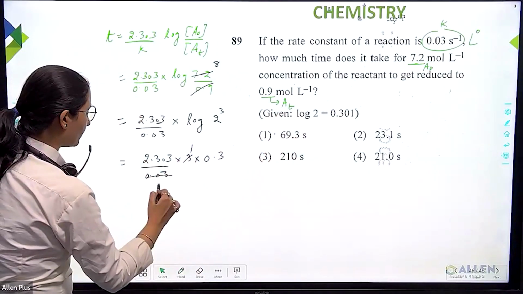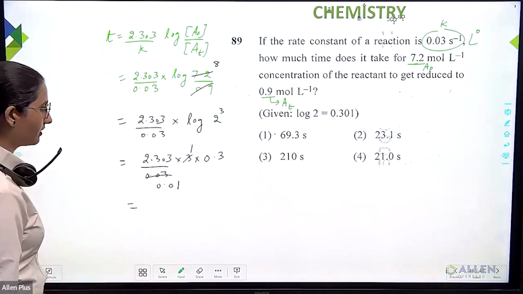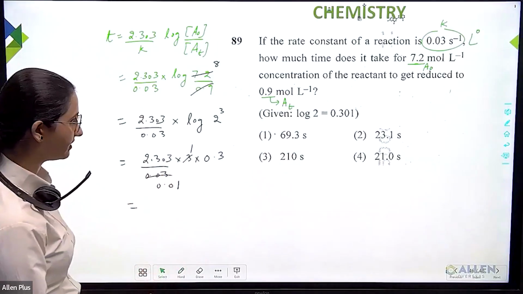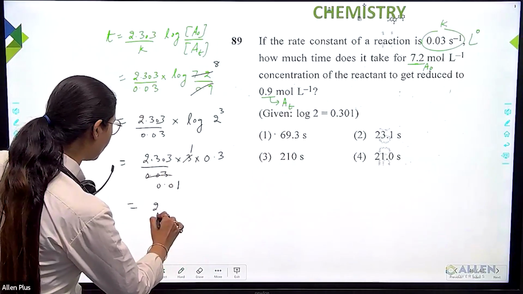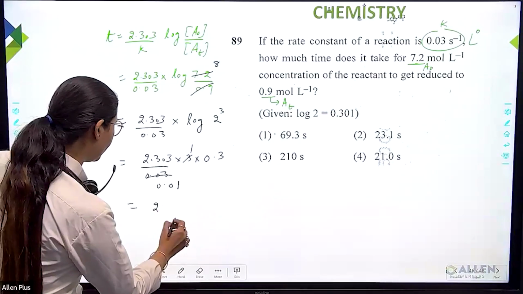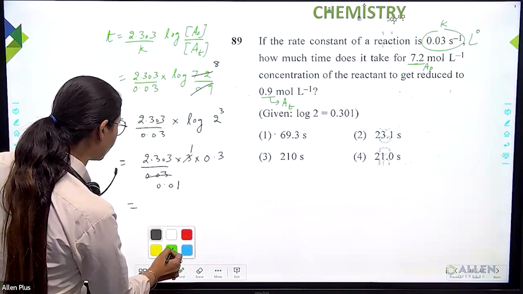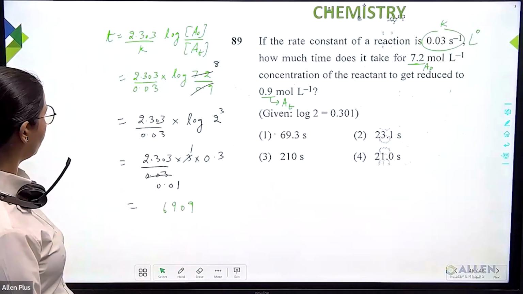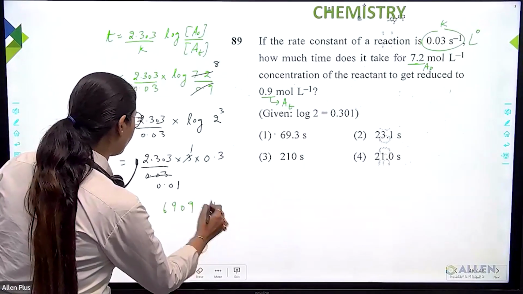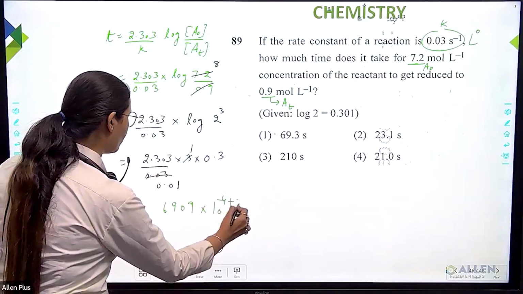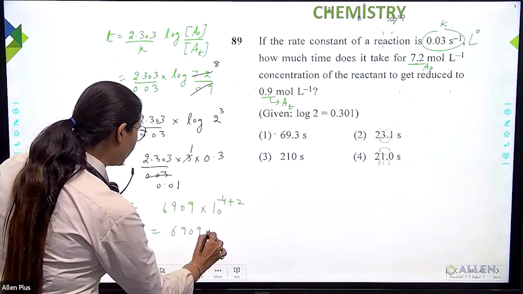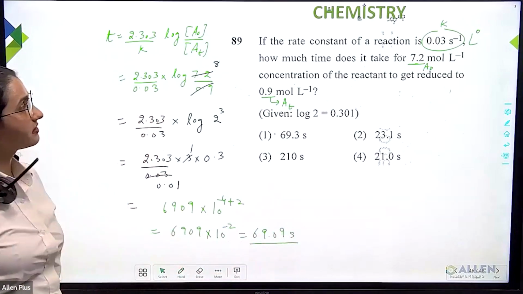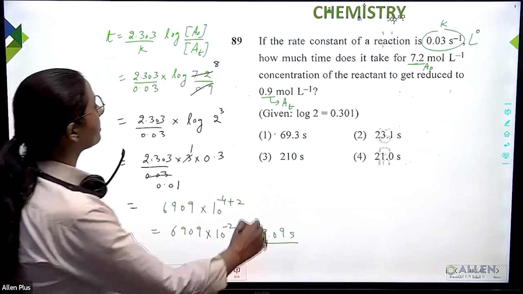Correct? So 0.01. Log 2 is 0.3, 3 ahead. If we solve this further, the answer is going to be 2.303 into 3. Then we'll just shift decimals. 3 3s are 9, 0, 9, 3 2s are 6. Into 10 raised to power 3 plus 1 minus 4 plus 2. So it's 6909 into 10 raised to power minus 2, which is around 69.09 seconds. Correct? So the correct answer is option 1.